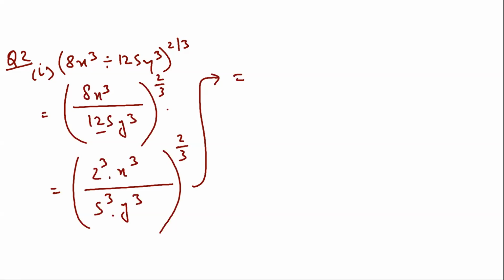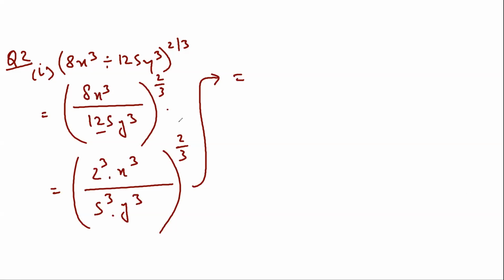So have a look at this rule and also have a look at this rule, that (a into b) whole power m is equal to a raised to power m into b raised to power m, and this rule, (a upon b) whole power m is equal to a raised to power m upon b raised to power m. So if you are not clear about these rules, again I'm requesting you to have a look at the first lecture at least. If you are okay with these rules, then we can start with the question.